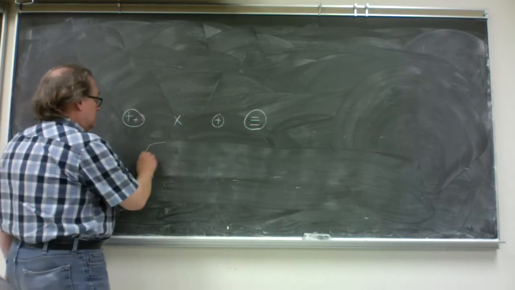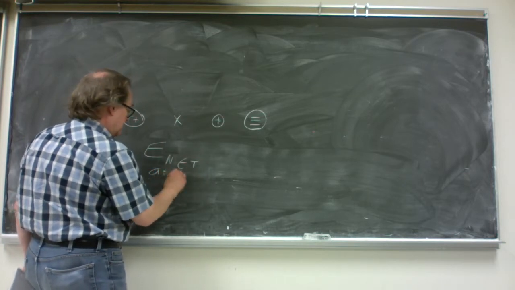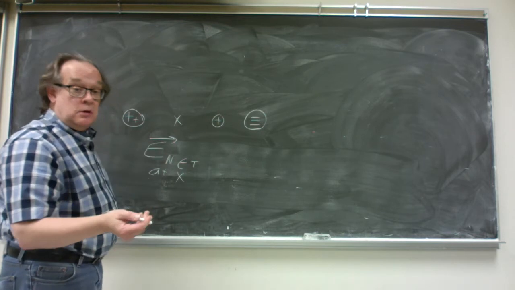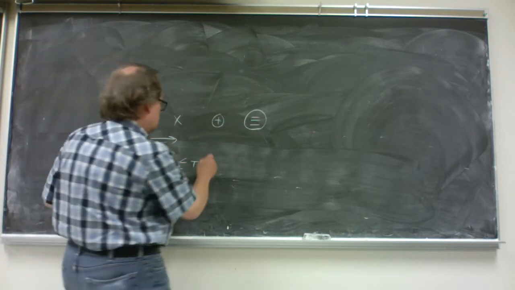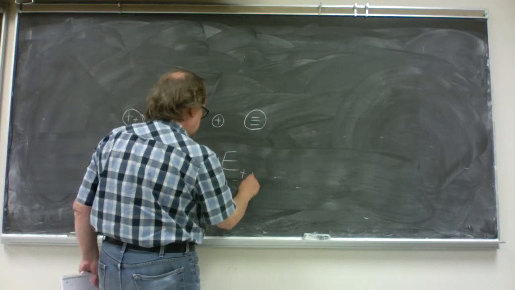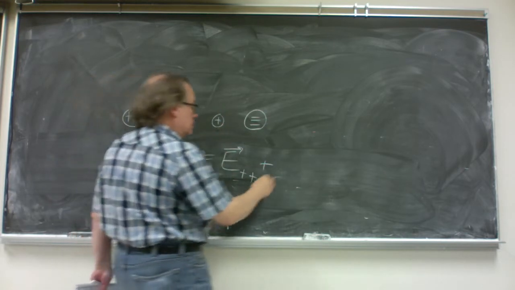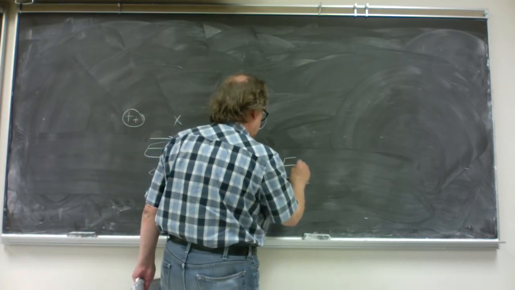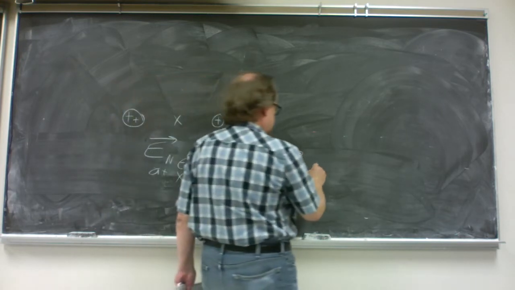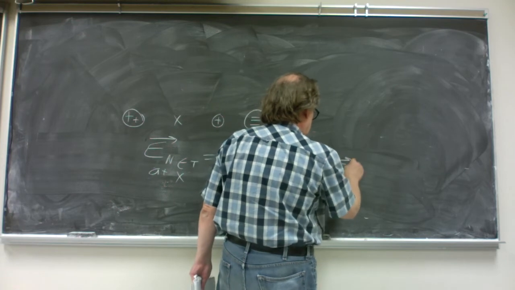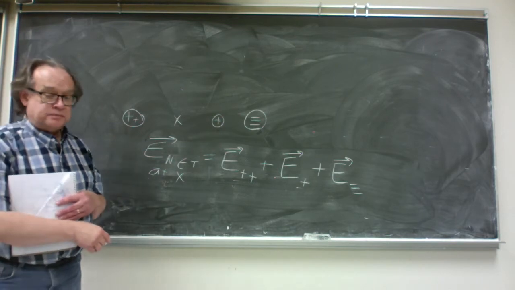So we know that the net field at x is a sum of 3 fields: the field caused by the double positive, plus the field caused by the 1 unit of positive charge, plus the field caused by the 3 units of negative charge.